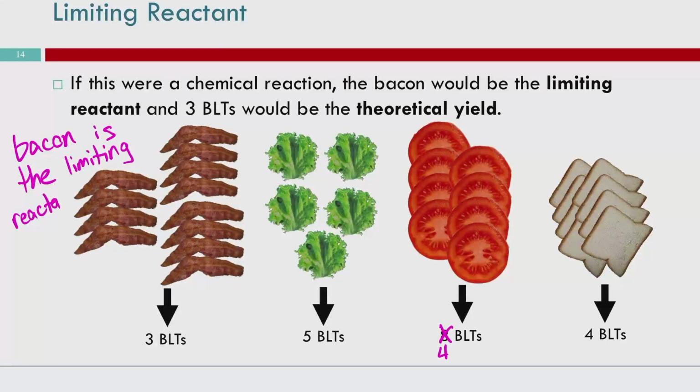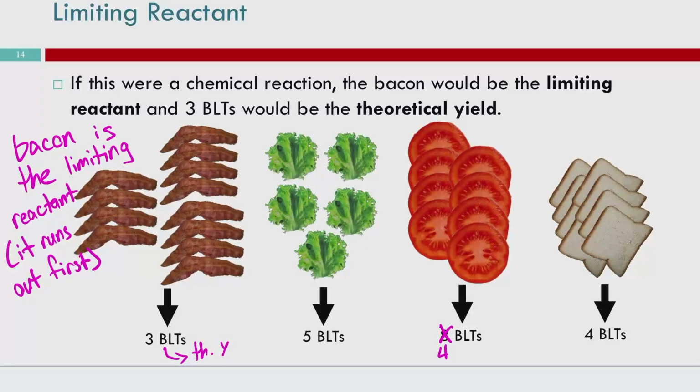In chemistry, we call it the limiting reactant. The limiting reactant is the thing that runs out first. It's what's stopping us from making 4, 5, 6, or more BLTs. And then 3 BLTs is what we would call our theoretical yield.